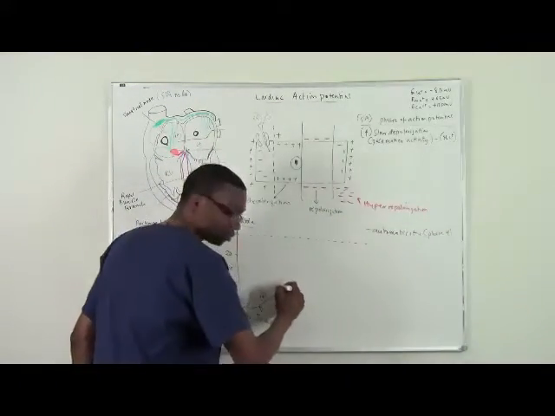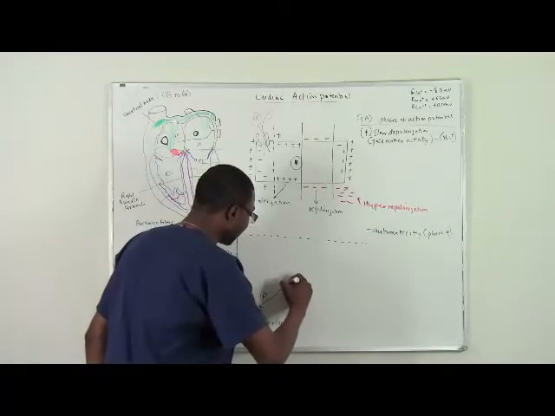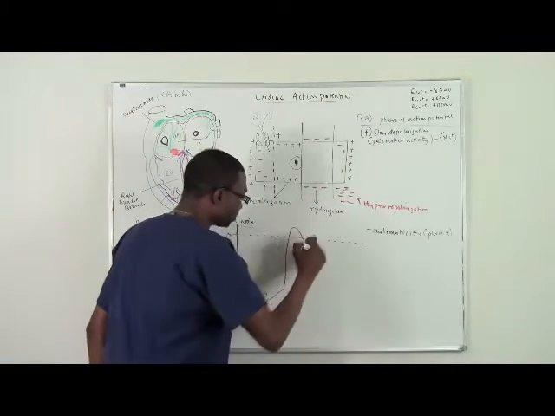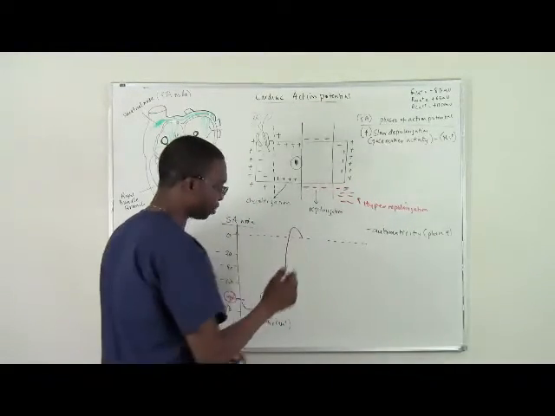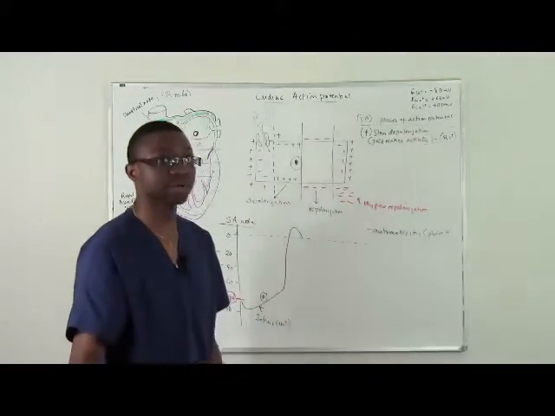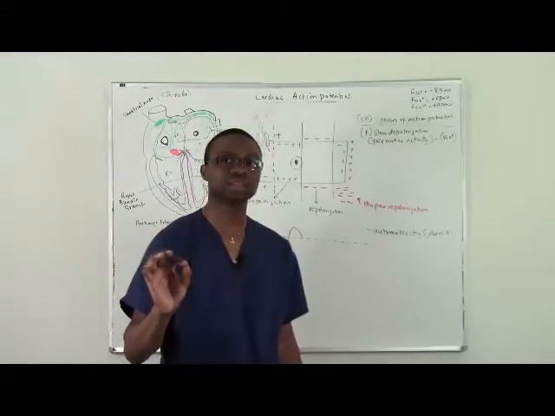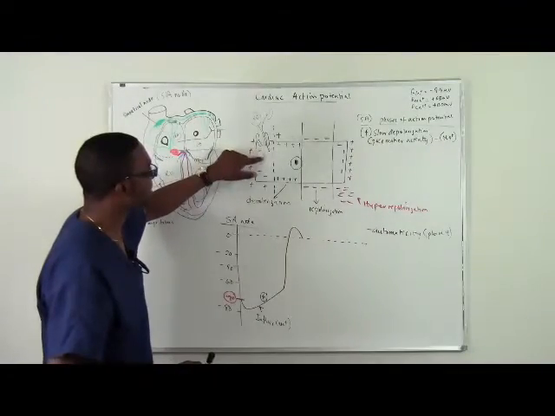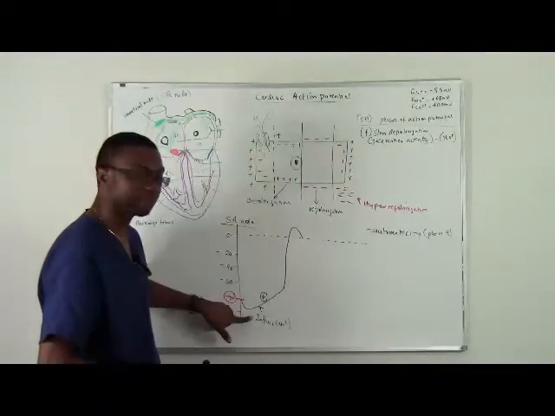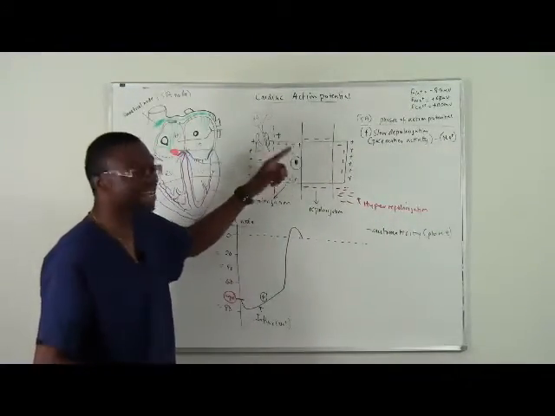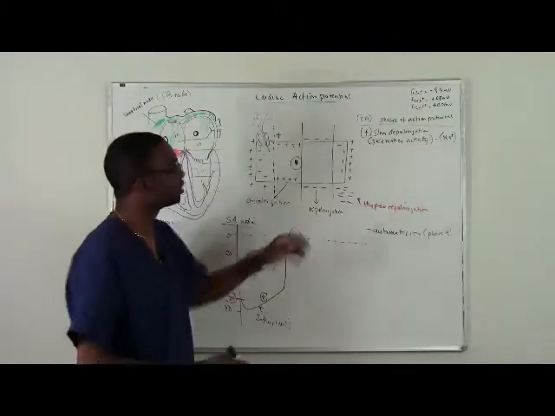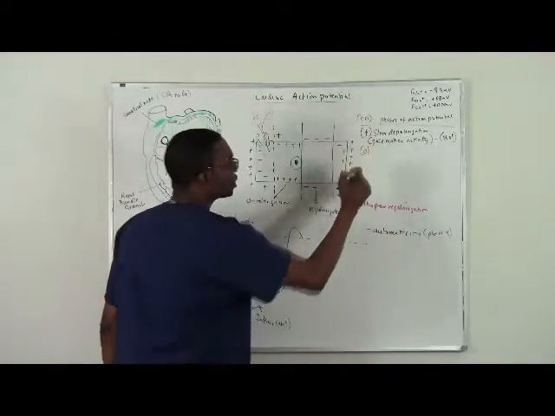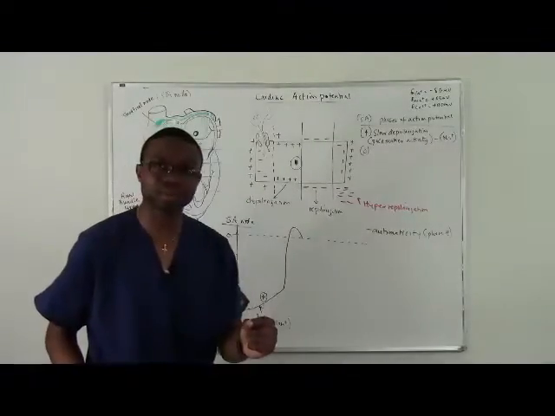In phase 0, to get the upstroke of the action potential, we're actually going to use a different kind of ion. So sodium first came in, we depolarized. See that influx? The next phase, which is phase 0, we're actually going to use calcium.